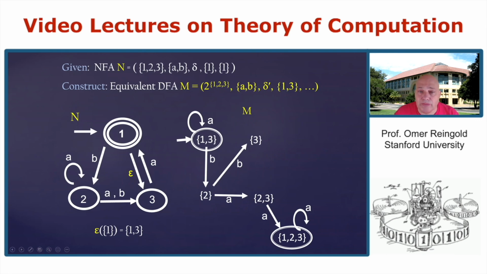How about a B? From 2 on a B you can reach 3. From 1 on a B you can reach 2. And that's it. The epsilon closure is the same. So a B would bring you back to 3.